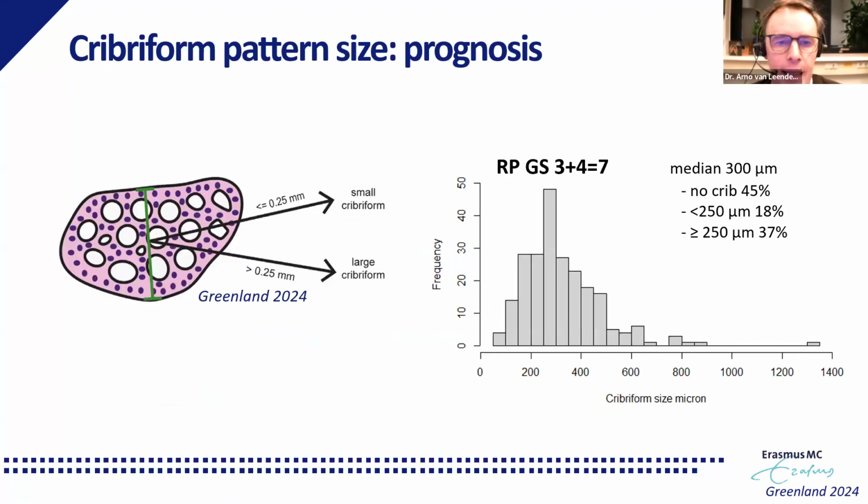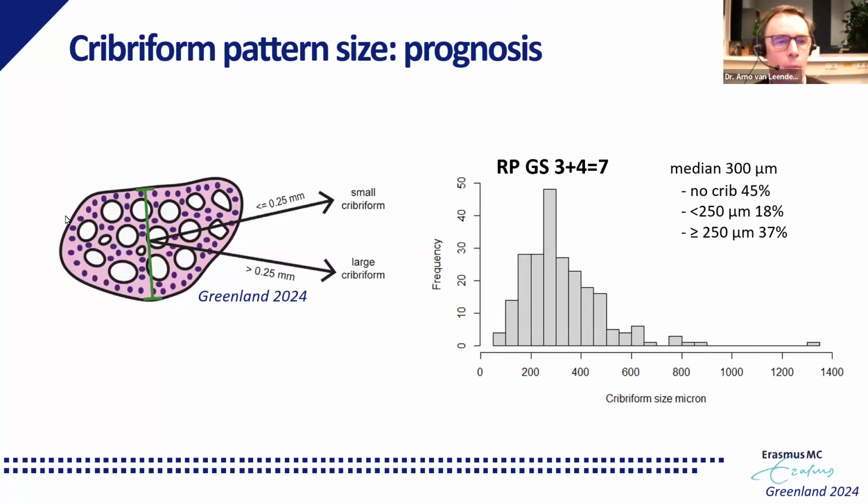Few groups then have looked in detail at the size of one cribriform area and the outcome. And this was really initiated by the group around Dr. Jesse McKenney, Dr. Greenland, and Dr. Jane Nguyen, and they've really put this field forward. And how do you do this?